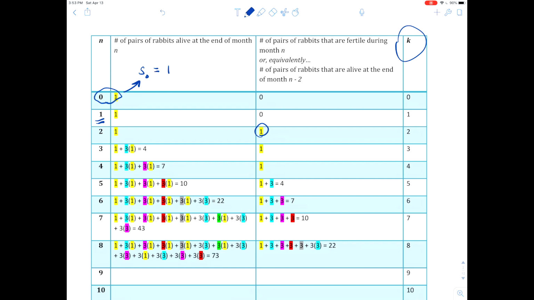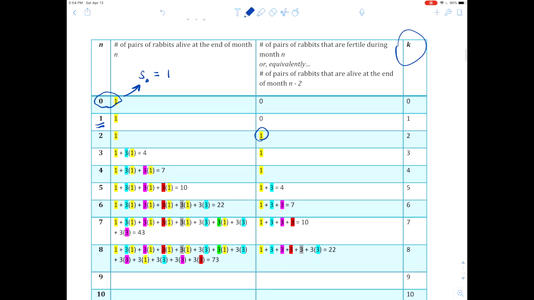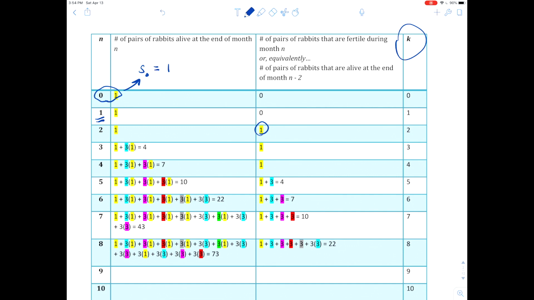At the end of month 2, the rabbits are alive and they're fertile now. Or you could think of it as they were alive 2 months ago, so now they're fertile. Cool? So then it becomes a trend of giving birth.